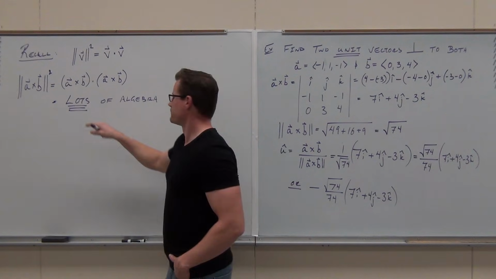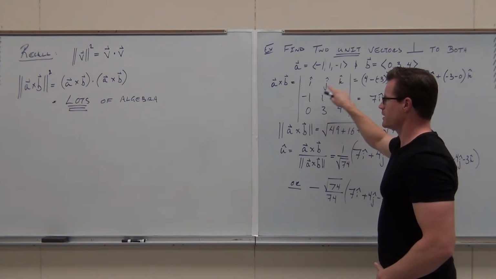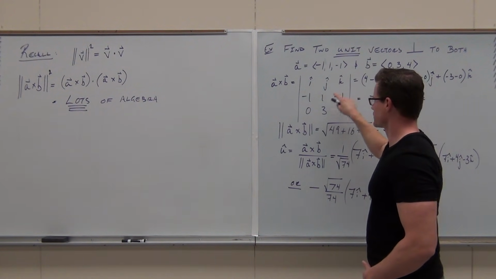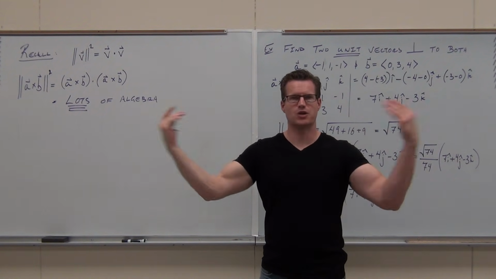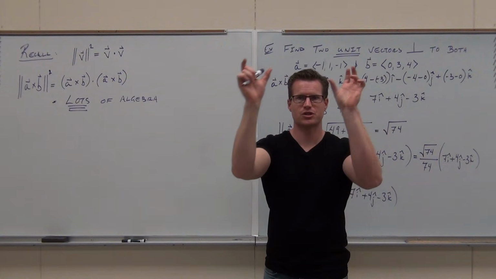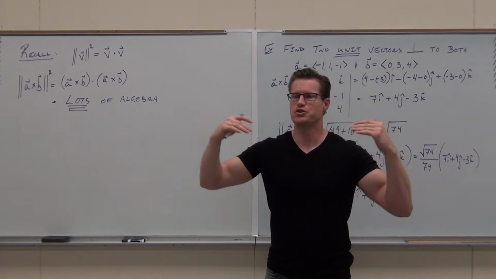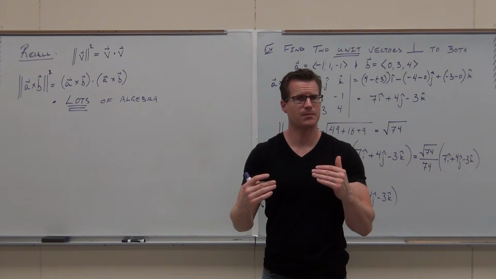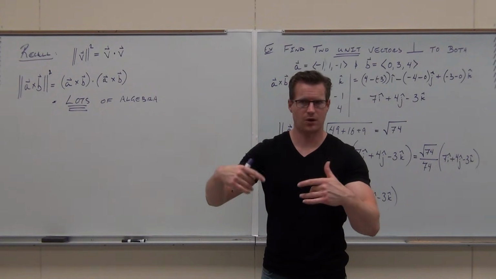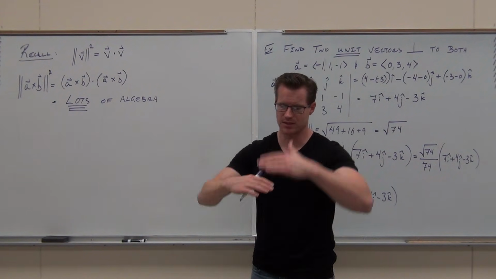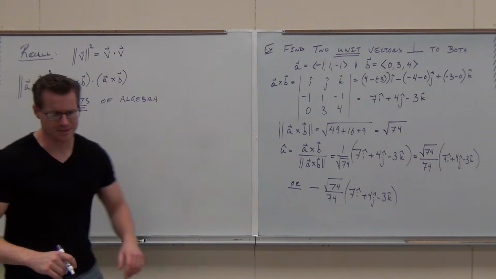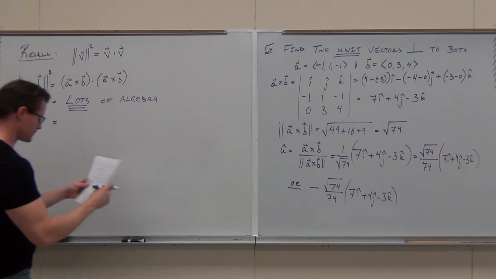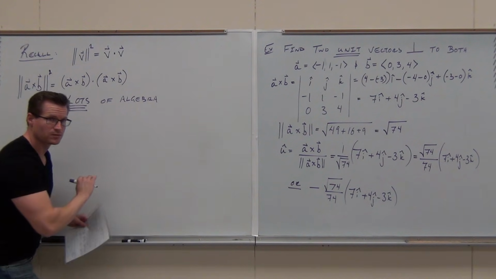You could set up i, j, k, a1, a2, a3, b1, b2, b3, figure out both of those things, dot product them, which means multiply each of those components together, do some crazy factoring, and then what we get after all of that, which I have on my paper, is this. So lots of algebra, trust me.